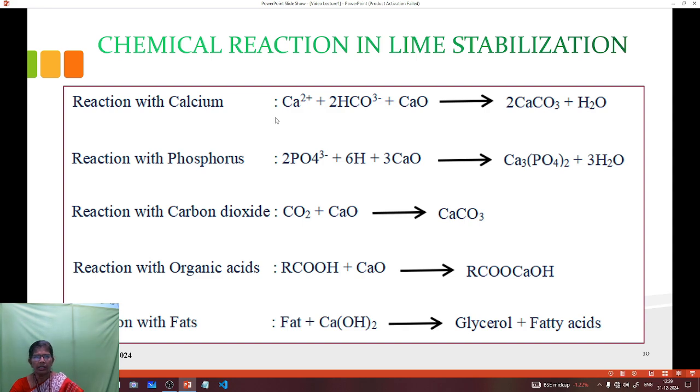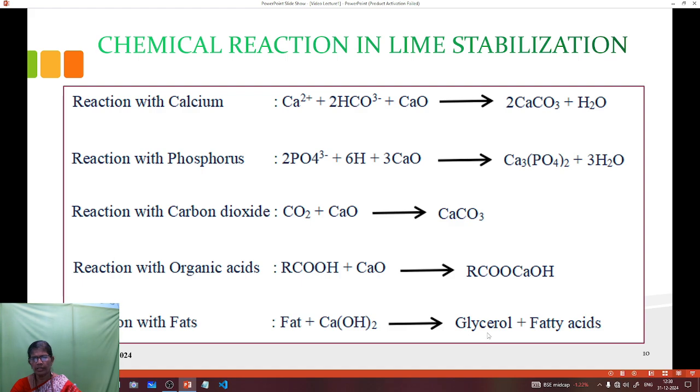After adding the lime, the sludge reacts with the calcium. The calcium present in the lime reacts with some products and gives calcium carbonate. So it is converted into calcium carbonate, calcium phosphate, and also some acids.